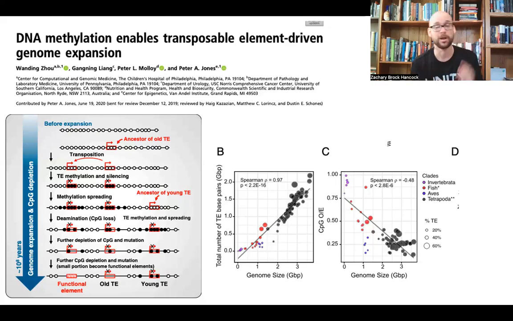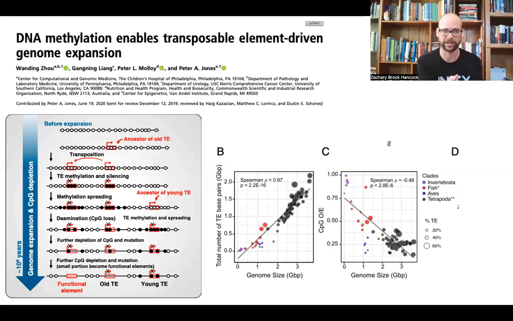But remember, methylating those CpG sites allows it to then mutate away from the CpG to an AT. Right? And so initially, if you have lots of transposons that are being inserted into the genome, they're proliferating, and then all of your CpG sites end up having to get methylated to silence them, what this eventually will lead to is a dearth in the number of CpG sites relative to the GC content because they've all become mutated to A and T. And we find this exact pattern.